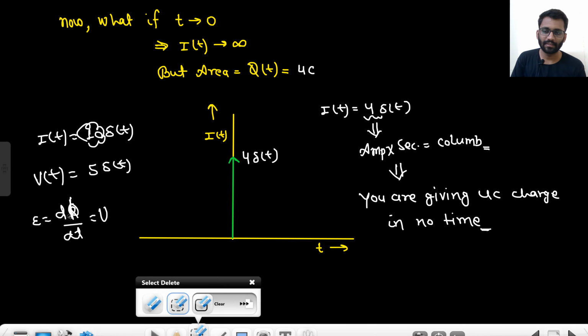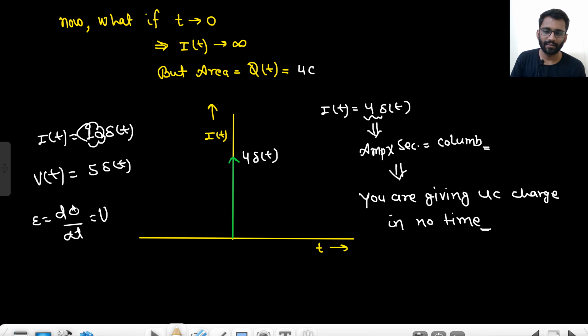Phi is the flux. Unit is not our matter of concern here. So basically I am giving 5 amount of flux in no time. If V(t) is 5 delta(t), that means I am giving 5 amount of flux in no time.